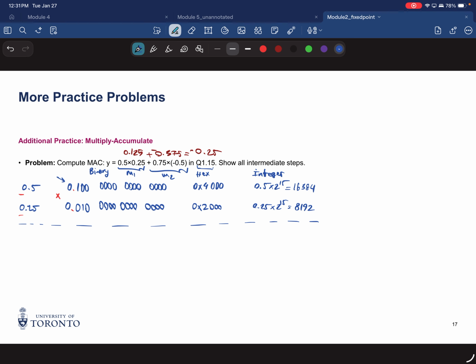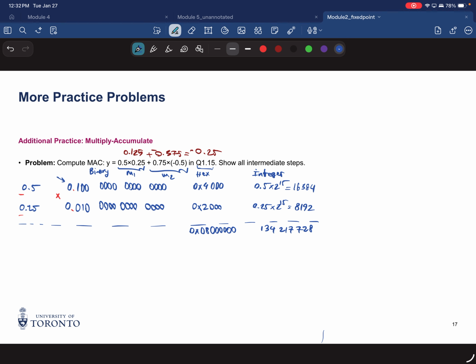Okay, I want to do this one as 15. So the binary version, and this one is going to be 134,217,728. And in hex, that's 0x08000000, 8 bytes.